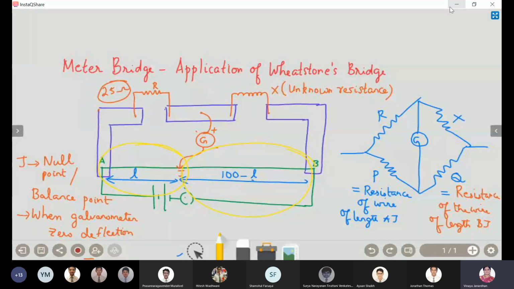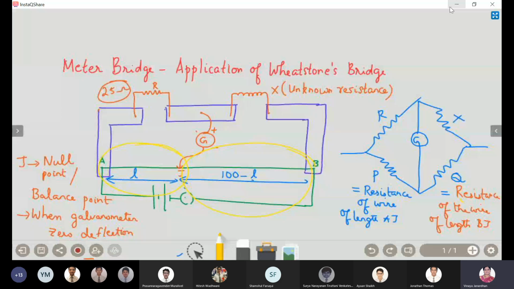Is that clear? That is why the point J is very important. It's called the null point. At point J, you keep the jockey on the wire, and no current will flow to the galvanometer. In that condition, R by X becomes equal to P by Q.